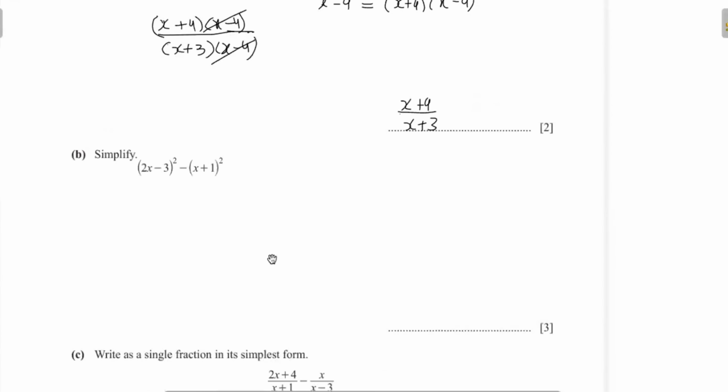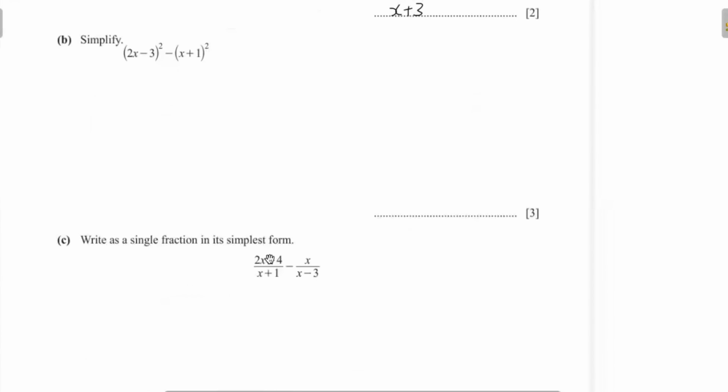Next, simplify part B. In this part, firstly we will expand this first expression by using the identity a minus b whole square, that will be equal to a square minus 2ab plus b square, and the same way the identity a plus b whole square is equal to a square plus 2ab plus b square.